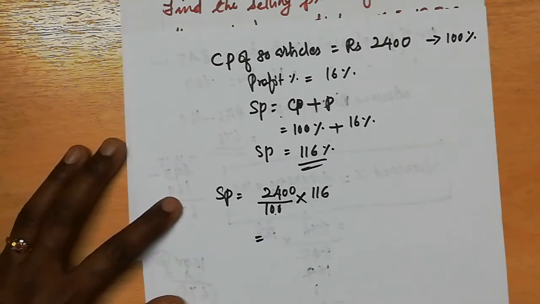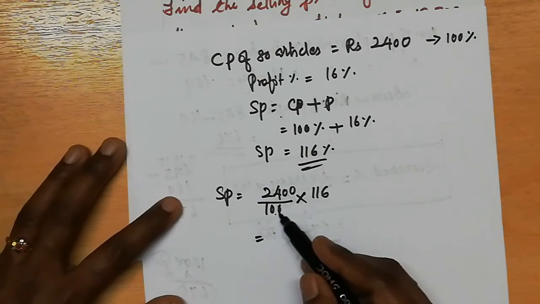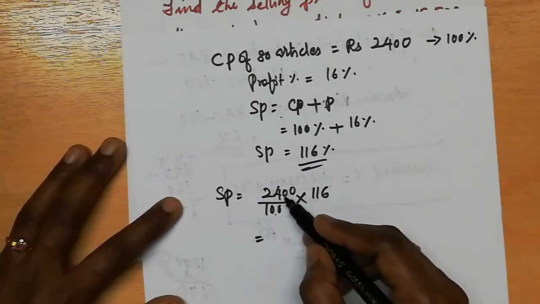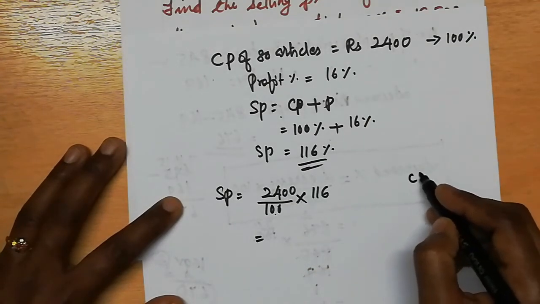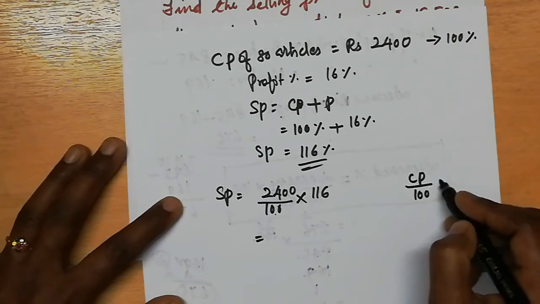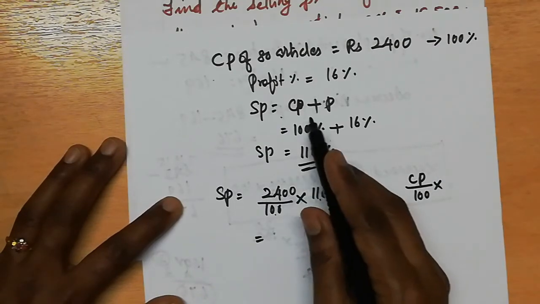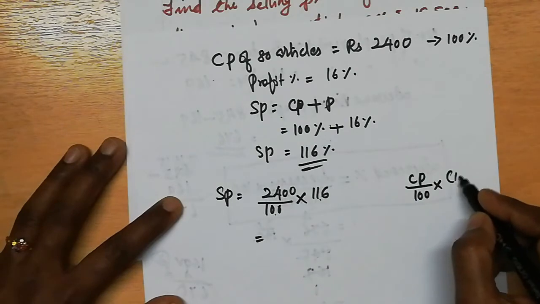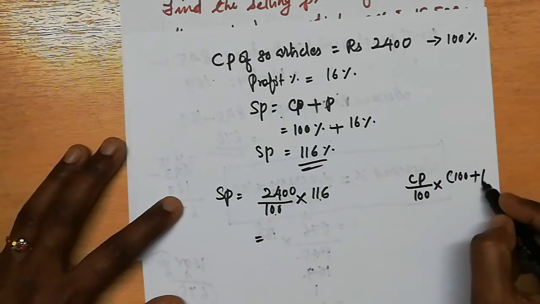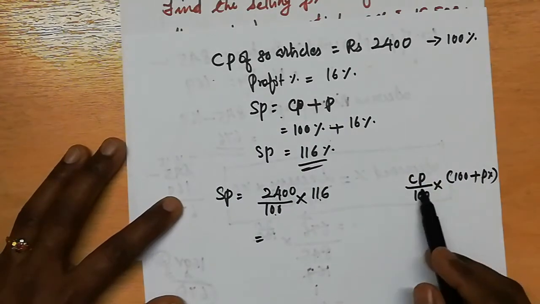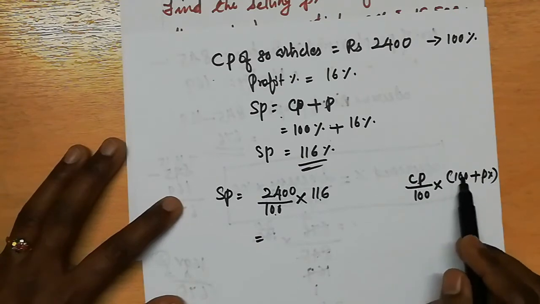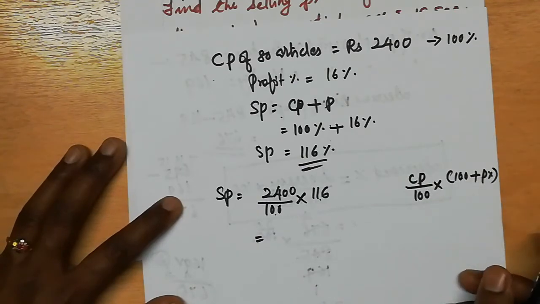Otherwise you can form an equation also. That is 2400, what is it? Cost price. Cost price divided by 100 into 116, that means 100 plus profit percentage. Okay, so here it is cost price divided by 100 into 100 plus profit percent, that is 116.